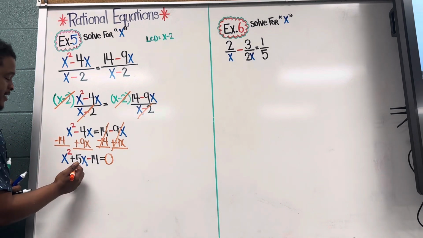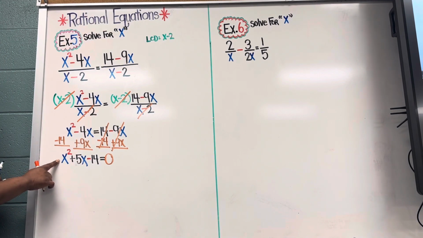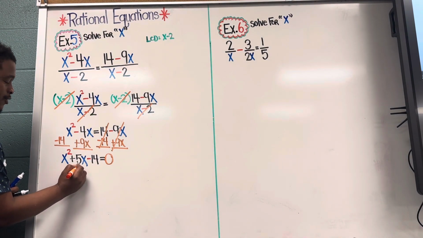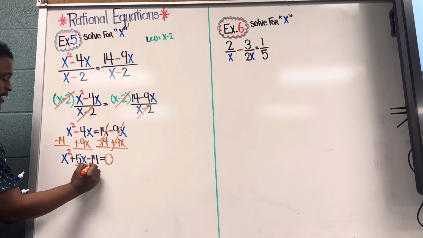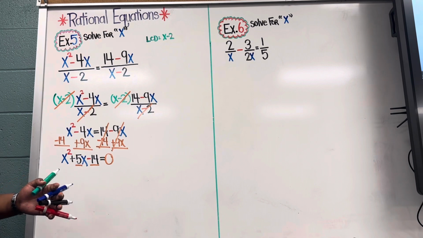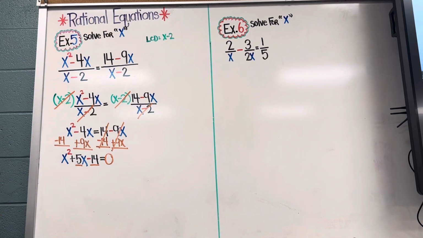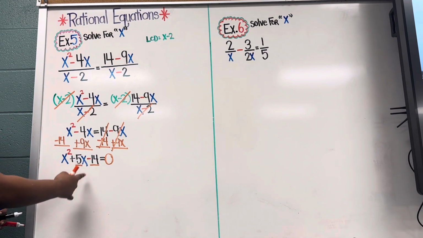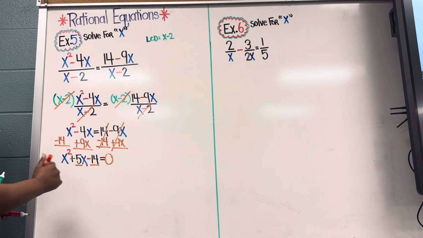Now, whenever the coefficient of x squared is 1, the factoring is based on the coefficient of x to the first power and the constant, right? So we're trying to find out, guys, what two numbers added together equal 5, but multiplied together equal negative 14, all right? The two numbers that I'm thinking about are positive 7 and negative 2. 7 minus 2 equals 5, and 7 times negative 2 equals negative 14, right?